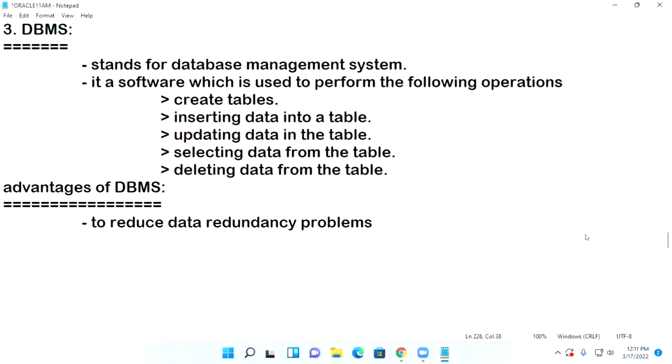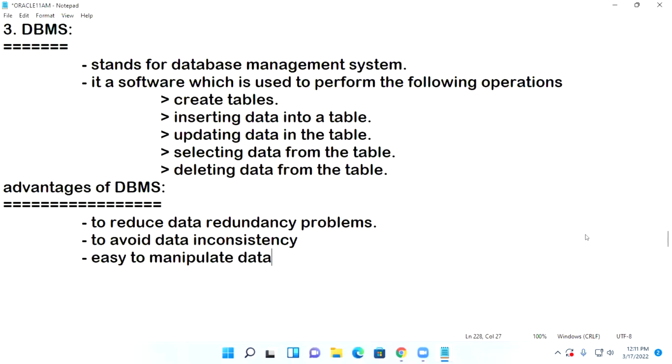Problems. That means duplicate problems, data redundancy problems. And the second one is to avoid which problem? Data inconsistency. Next one, it is easy to manipulate data.